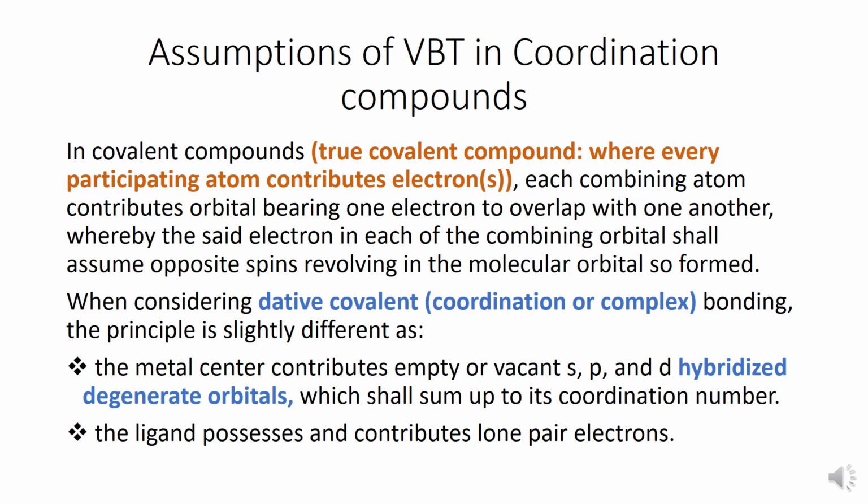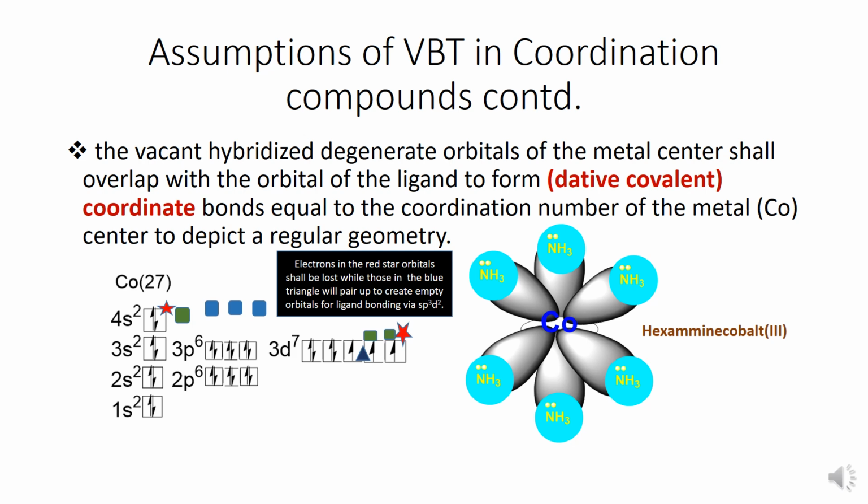And a ligand too must possess a lone pair of electrons that it is willing to contribute. If it just possesses a lone pair and is not willing to contribute for the bonding, then there shall be no bonding. So the metal must have an empty orbital, the ligand must have a lone pair of electrons.